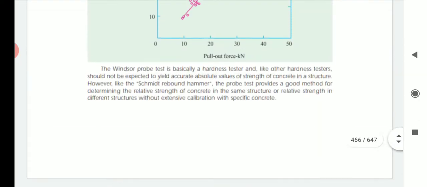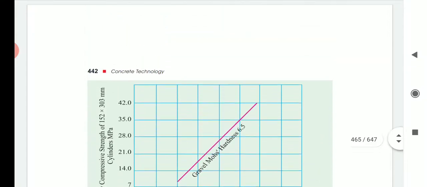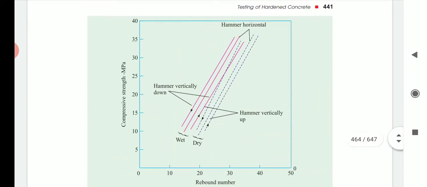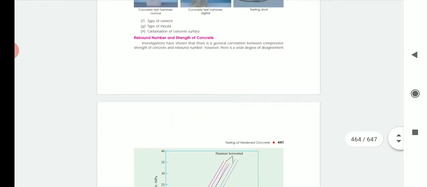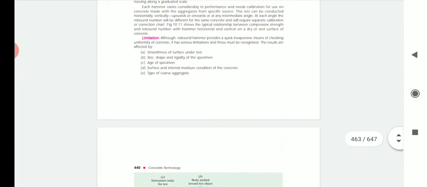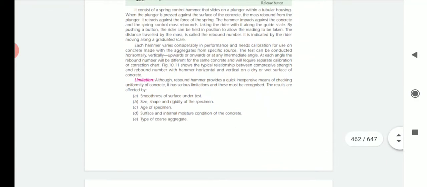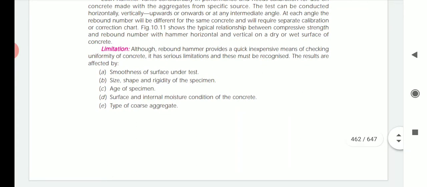There is a relationship between the rebound hammer number and the compressive strength. However the rebound hammer number is increasing, the compressive strength is also going to increase. So we can say the rebound number is going to be related with the compressive strength. What are the limitations?